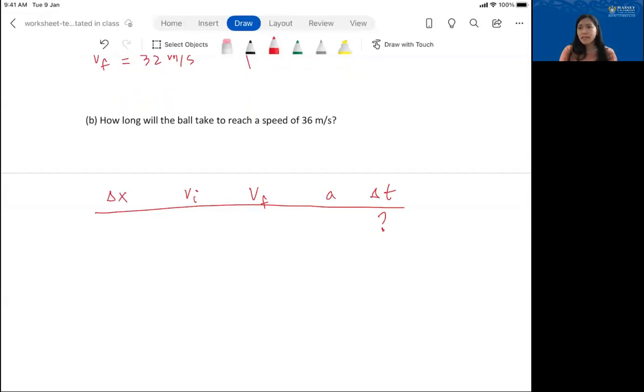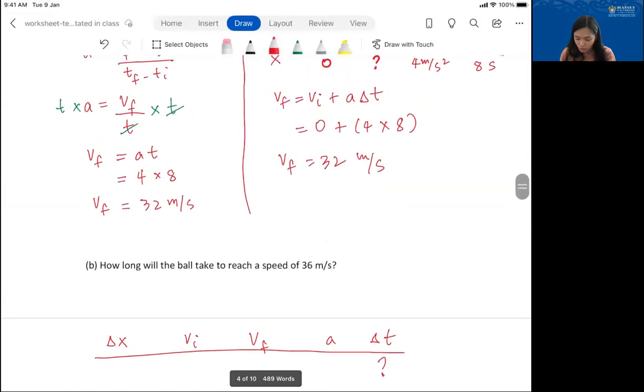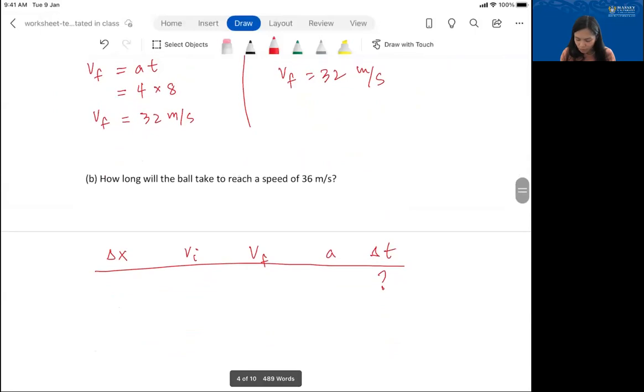Acceleration, we know that to be 4 meters per second squared. It's the same problem, so you can use the same values. 32, we have the extra information now because we solved that previously. And then VI, we're starting from rest, so that's 0.